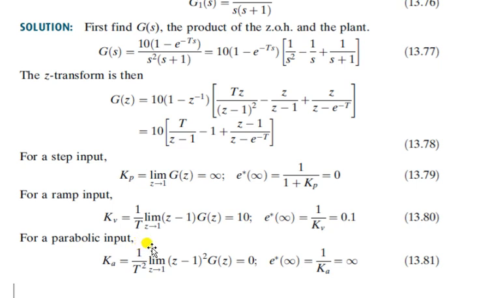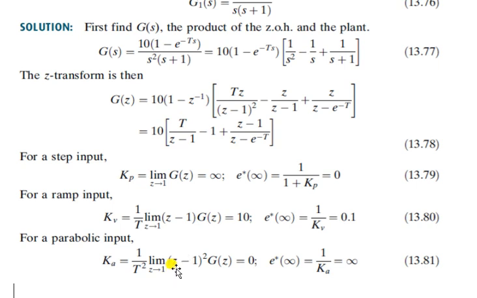Similarly, you will solve for the acceleration constant using this formula, and you will get 0. Again, you do not need the value of T here, you just focus on this (z minus 1) whole square. Just think that you are going to multiply (z minus 1) whole square with this complete term where z is 1.